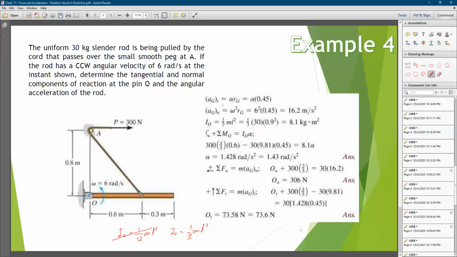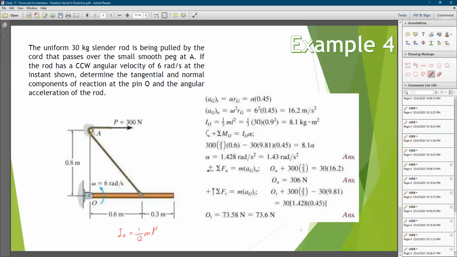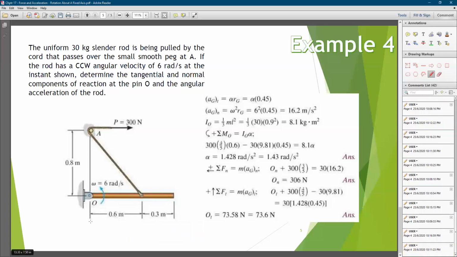Alpha is the thing that we are going to determine, the angular acceleration of the rod. And rg, again from the previous example, we already mentioned that the total length is 0.9, so the middle should be 0.45, and this part is 0.45.